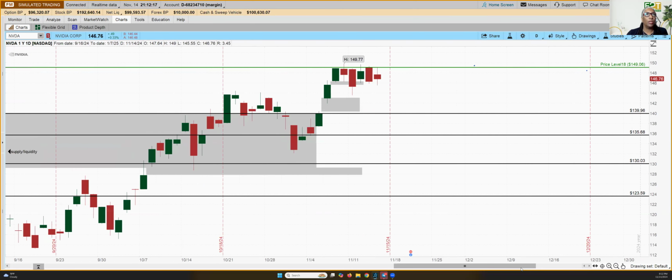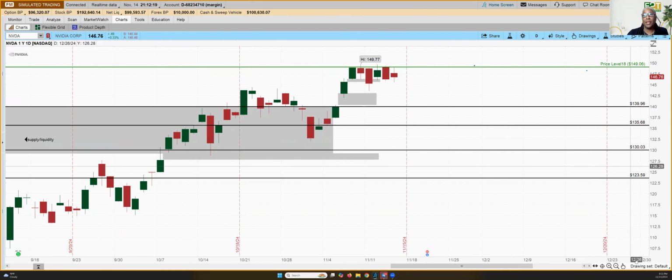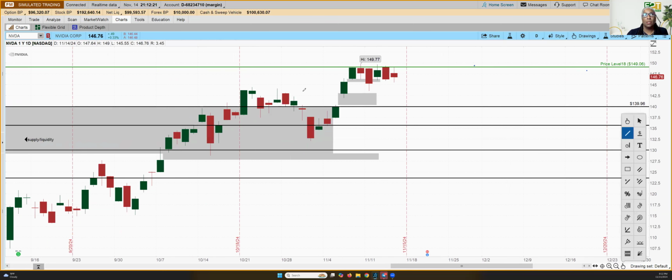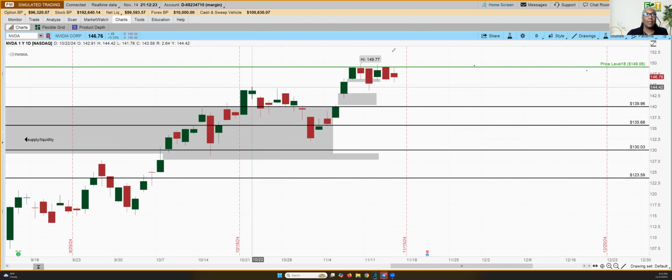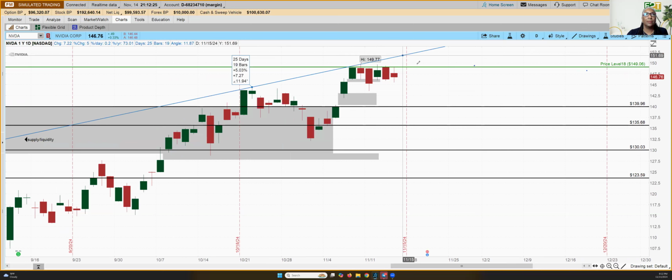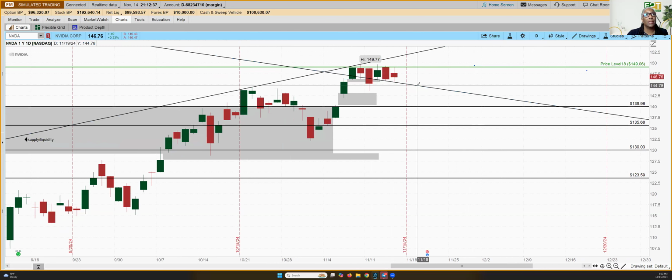You know, we'd have to put on our broadening formations. We've got a high and a high. So according to this, there's a little bit more room to go on up here. And if we were to look at the low and low, we got these here. So it's definitely coiling for something.